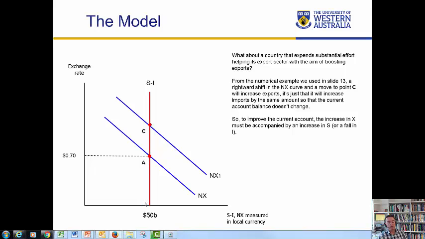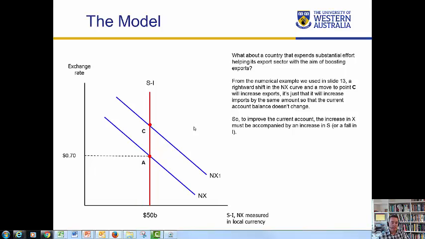We could increase savings, or we could reduce the level of debt-financed consumption to the extent that debt-financed consumption goes on wasteful consumables. And in that way, we could actually shift the S-I curve to the right. That's the first point that I wanted to make.